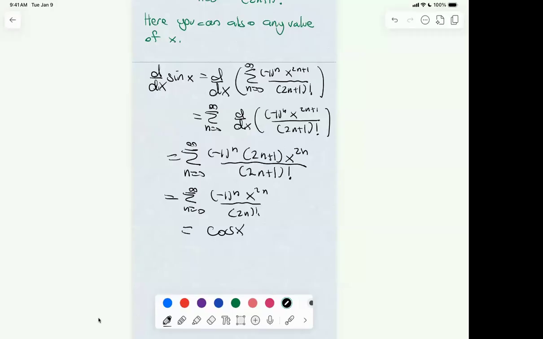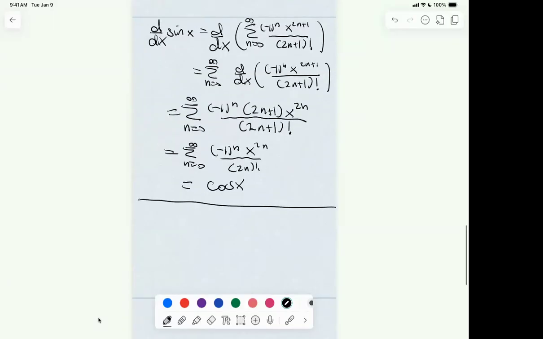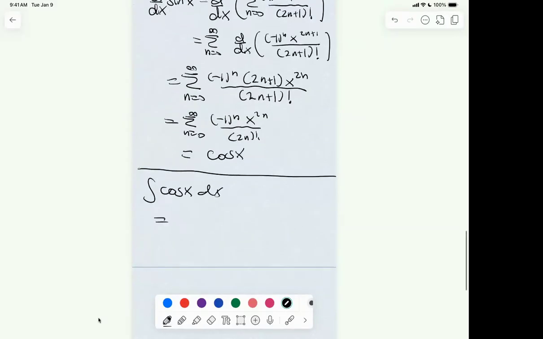Or you're asking why, if you integrate cosine, you don't have an overall minus sign in front of what I wrote for sine of x. Okay, so you want to integrate cosine of x, so this would be integrating this series.